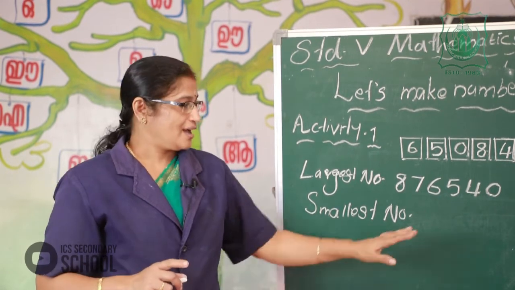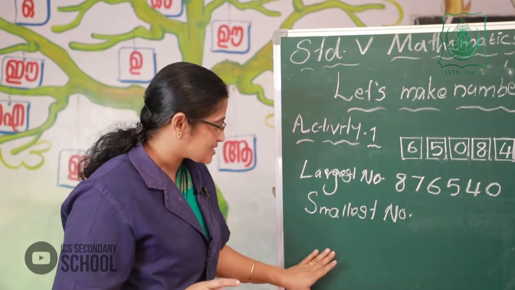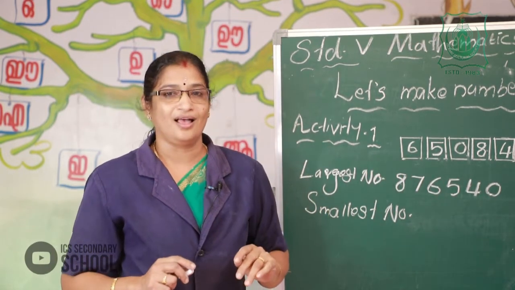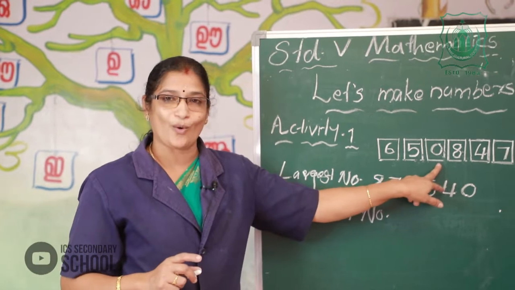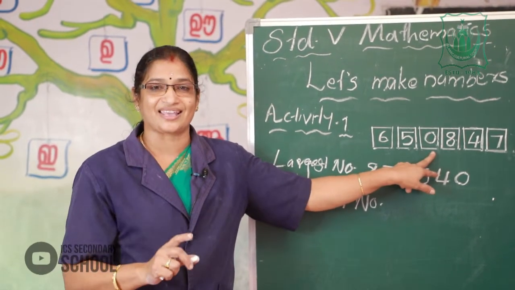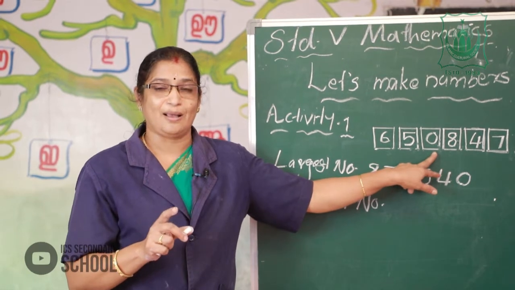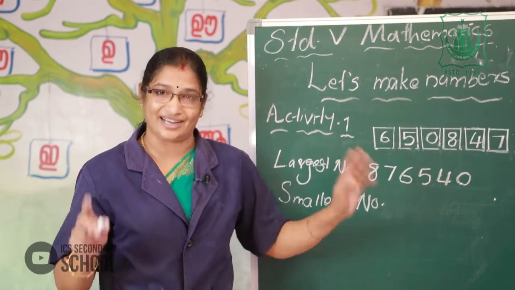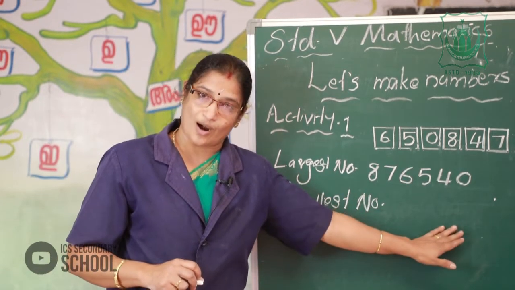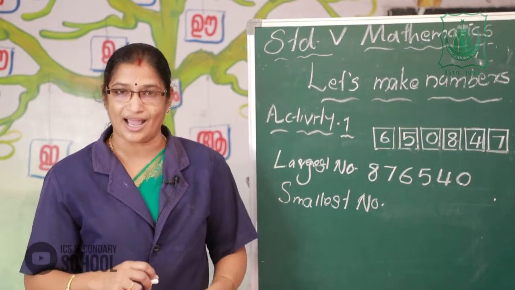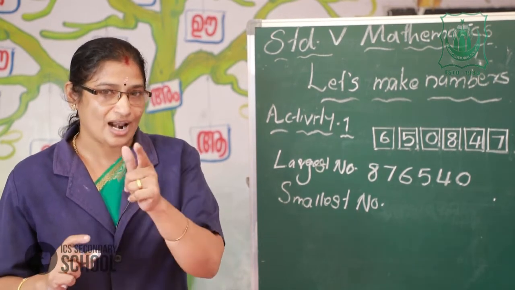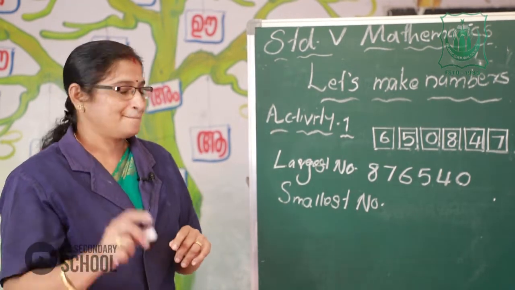The third digit should be the smallest of the remaining in this order, and the last digit the largest number. Yes, right?